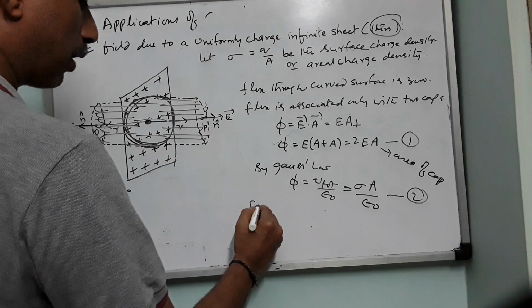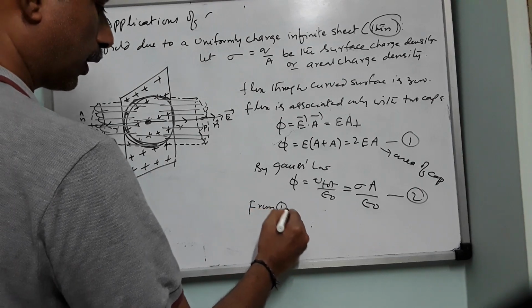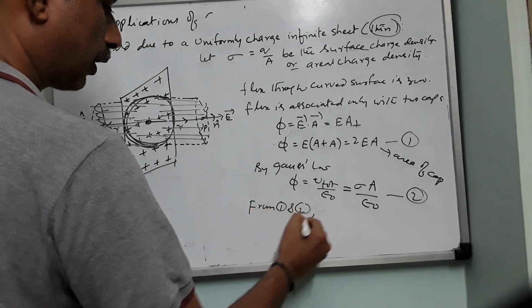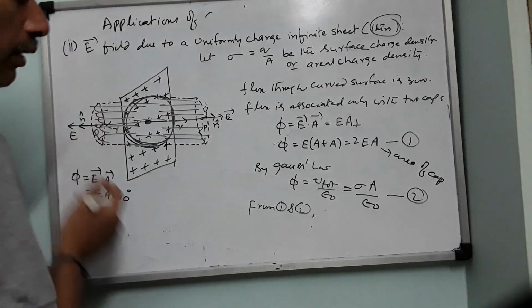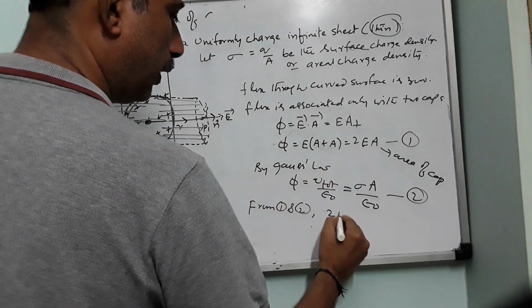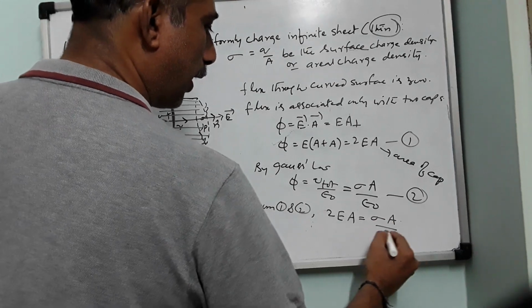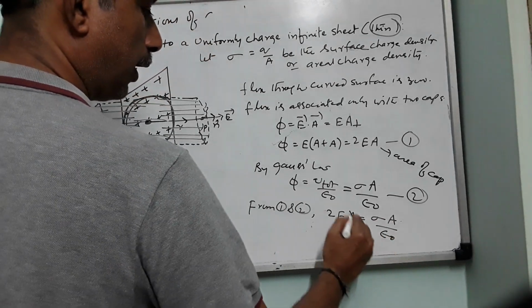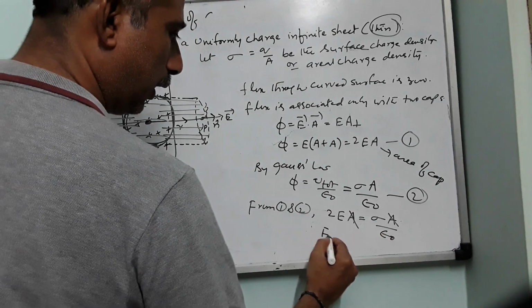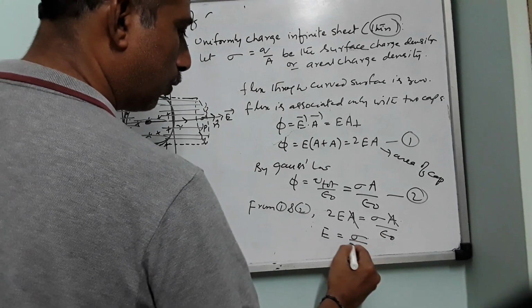Now from 1 and 2, as both of them represent electric flux only, their LHS are the same, so the RHS can be equated. So 2EA equals sigma into A by epsilon 0. A and A will be cancelled, and you will get E equals sigma by 2 epsilon naught.